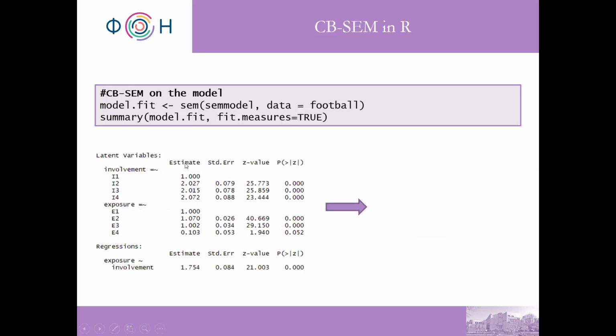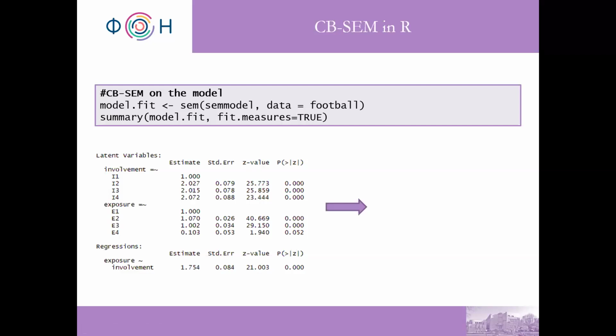So the first column, called estimate, are in fact our unstandardized coefficients. Our column z value is in fact the value of our statistic, and the p-value is telling us whether a certain coefficient is statistically significant or not. Our null hypothesis states that the coefficient is not statistically significant, while the alternative one states that the coefficient is statistically significant.